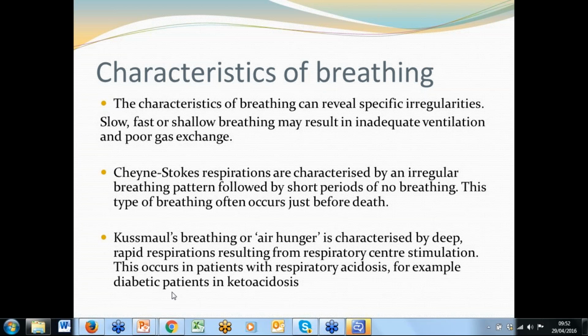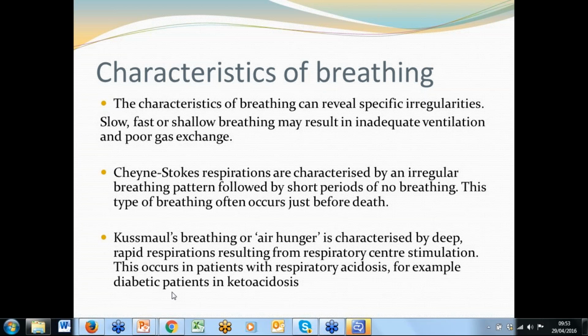It's a pattern of breathing that takes place just before death, and quite often it's an indicator sign that nurses and medical staff will recognise. Having said that, people can go on for several hours or even a day or two with Cheyne-Stokes breathing, but eventually it's like an indicator of imminent death.